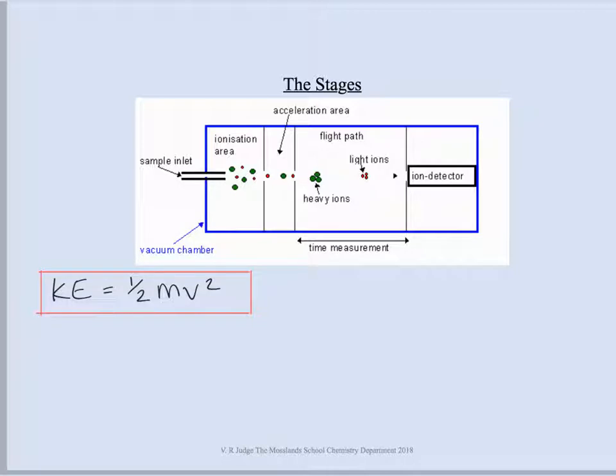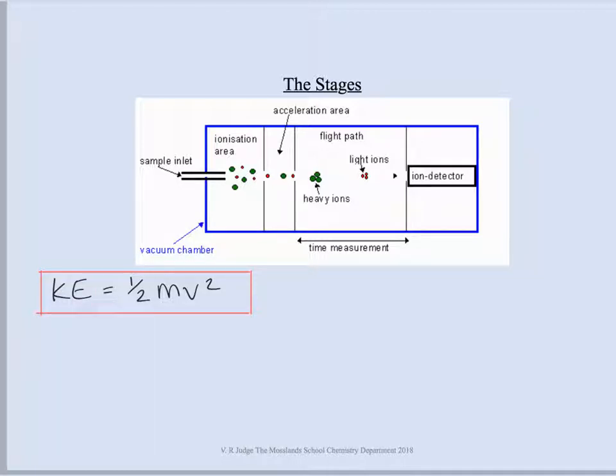You're probably familiar with this equation for kinetic energy. Kinetic energy is equal to half times the mass times the velocity squared. As I've just said, the particles inside the mass spectrometer are accelerated to provide them with the same kinetic energy.